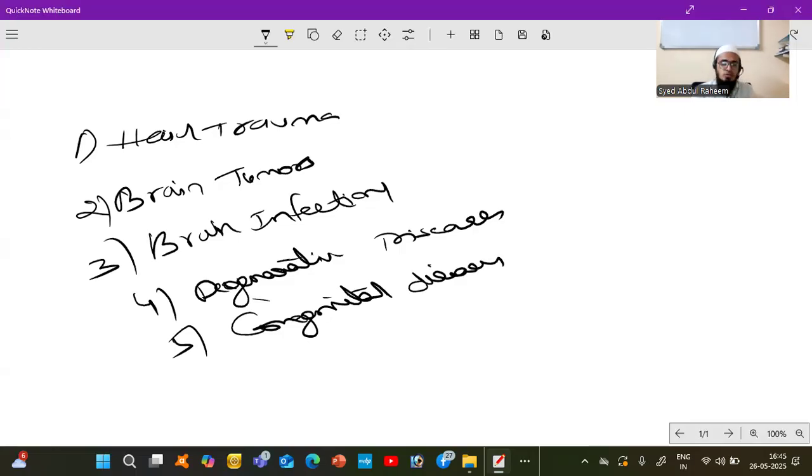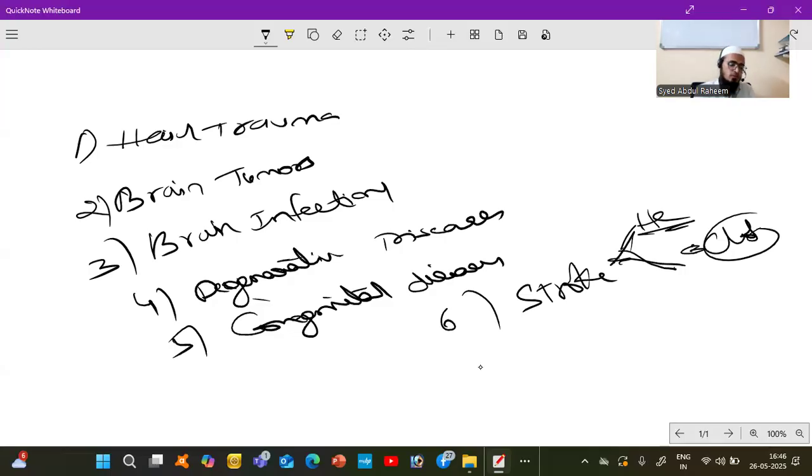These are the most common, and after that we have another most common disease nowadays, that is stroke, also hemorrhagic. And stroke has another type, which is a blockage. Okay, hemorrhagic and clot type of stroke.